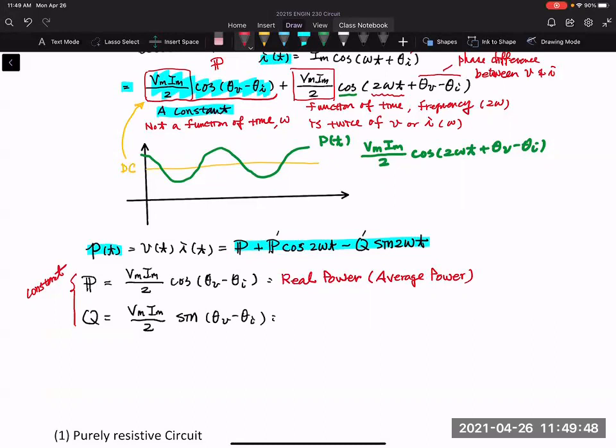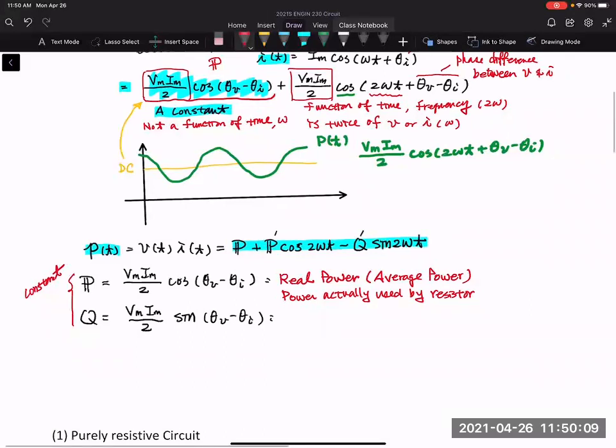What that is, is that it is the power consumed by the resistor. So this power has the unit, which is the watts. Okay.